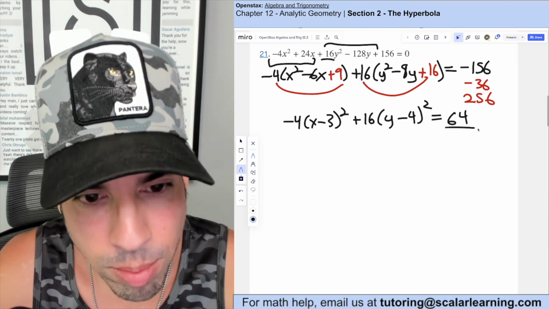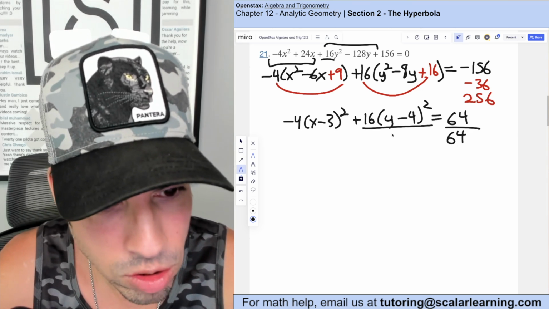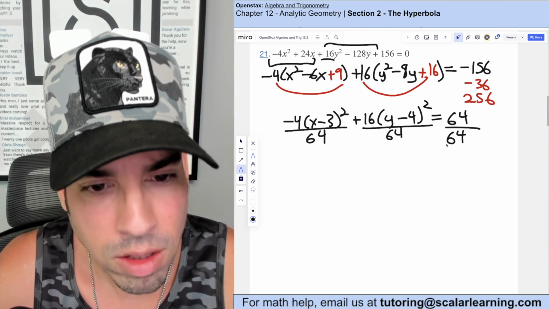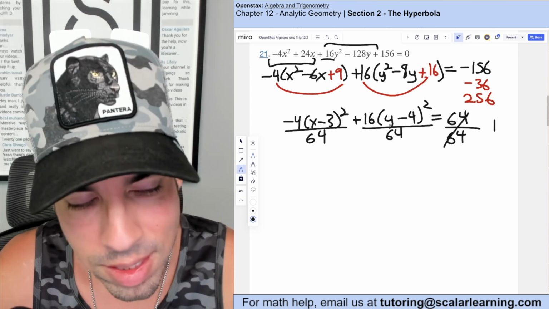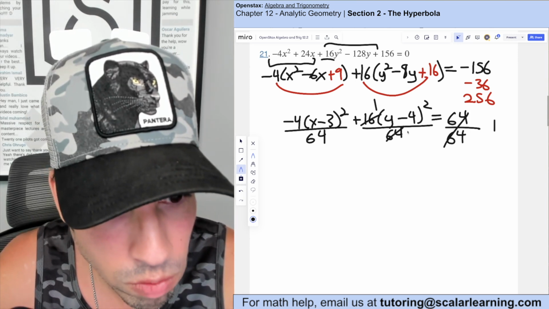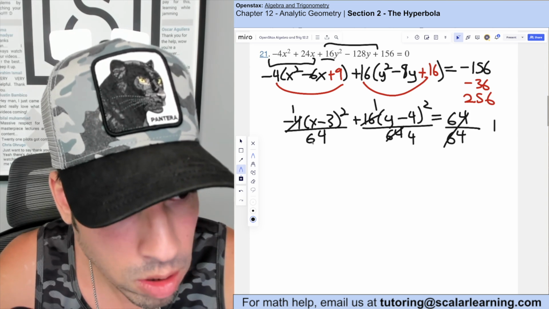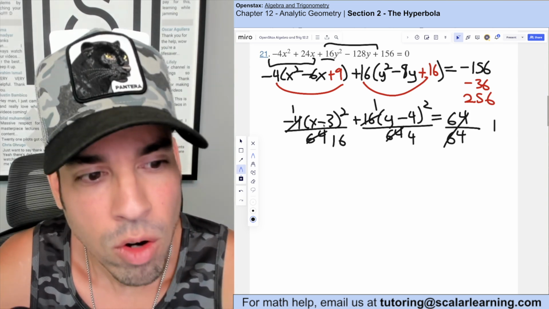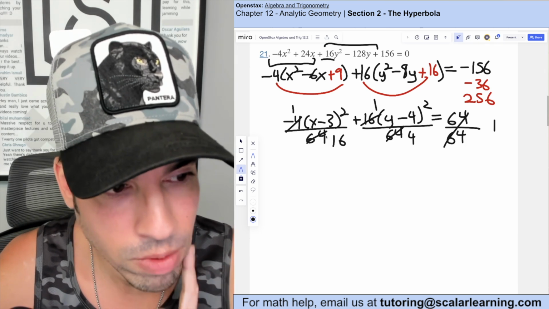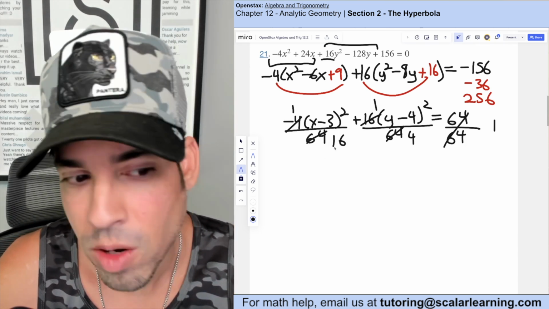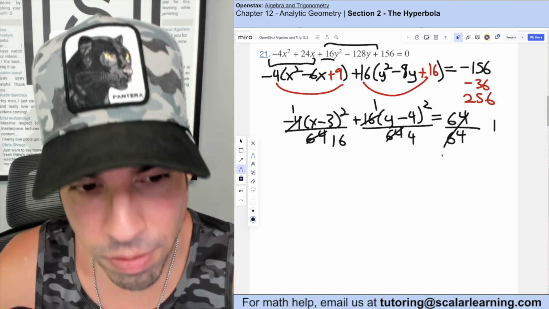And then our last step, we divide everything by 64, and we're almost there, okay? So this is going to turn into a 1. 16 over 64 reduces to 1 over 4. -4 over 64 reduces to -1 over 16. Okay, I'm going to do one last thing as I write it for the final time. I'm going to swap these, and I'll also write 16 as something squared, and 4 as something squared.